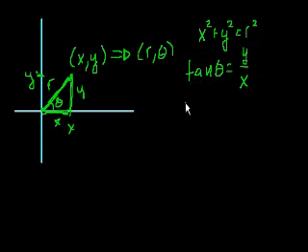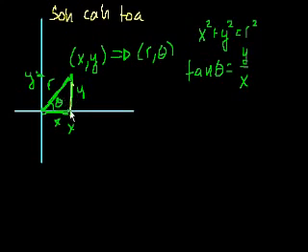And if you wanted to go one step further, and this is actually something that you should write at the side of your paper, how can we express y as a function if we wanted to go the other way? If we were given r and theta, how could we get y? Well, let's think about it. R is the hypotenuse, and y is the opposite. Let me write SOHCAHTOA down. SOHCAHTOA.